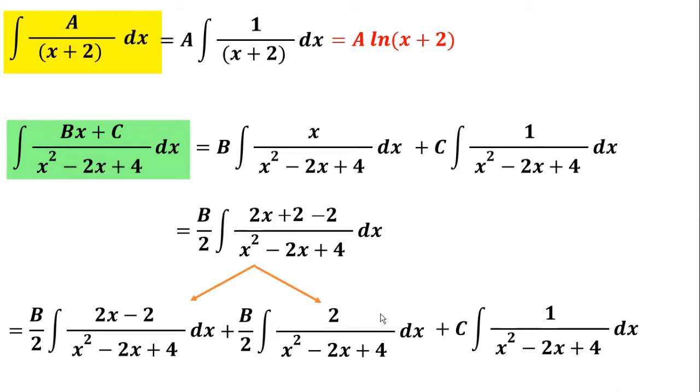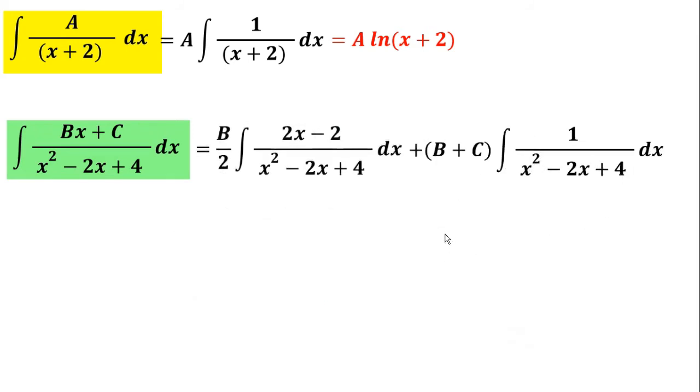So we have 3 integrals. Now we have a constant over the denominator here, and a constant over the denominator here. We can combine these two integrals with each other like this. Now we have two integrals: B over 2 times the integral of (2x - 2) over the denominator, plus (B + C) times the integral of 1 over the denominator.